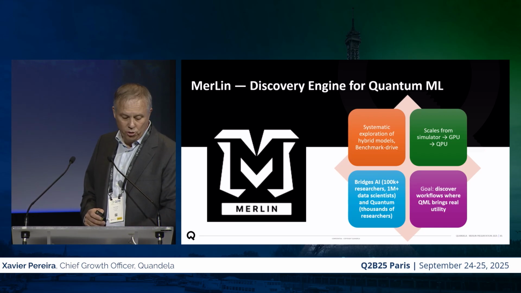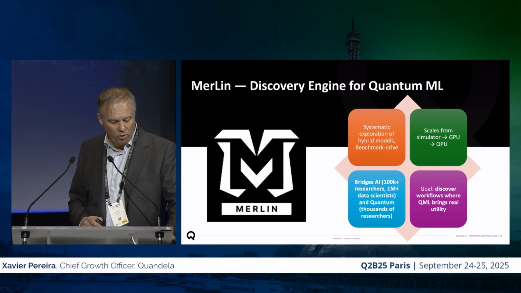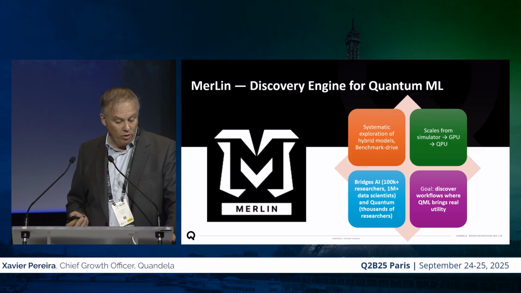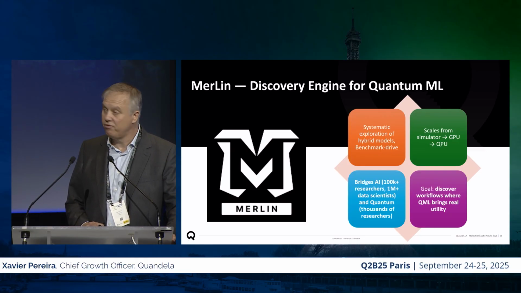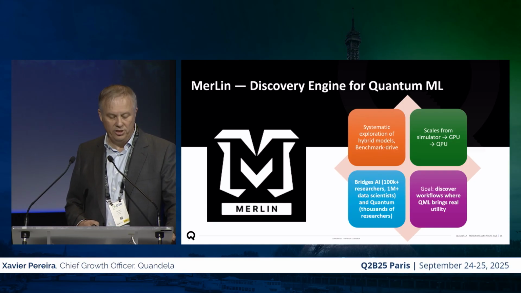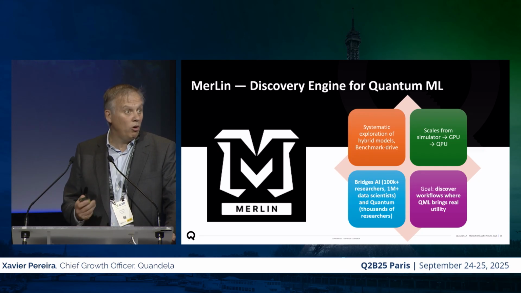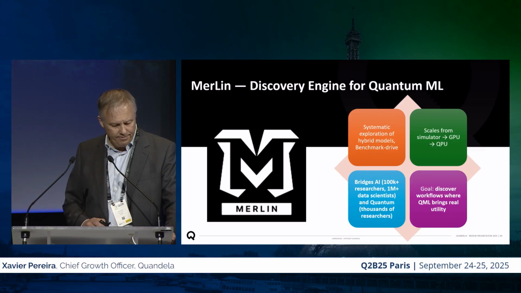So let's start to wrap up. If MerLin is our discovery engine for QML, it enables systematic, reproducible, hybrid exploration of models, scaling from simulators to GPUs to QPUs. It connects two communities, the vast AI ecosystem, more than 100,000 researchers and millions of practicing data scientists, with a now smaller but fast-growing quantum community.